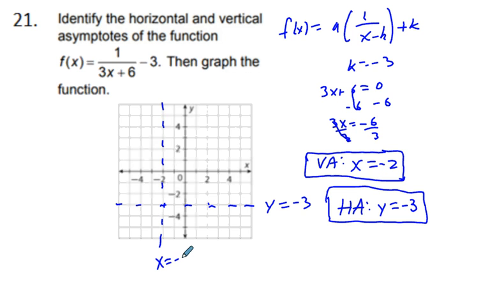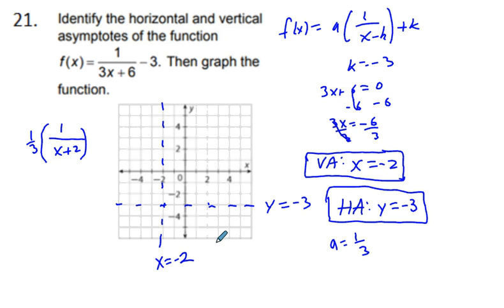x equals -2. And then we're going to graph it as well. As far as what we're going to have, a is going to be equal to 1/3. And how I know that is because we have 1/3 times 1 over x plus 2. See that?